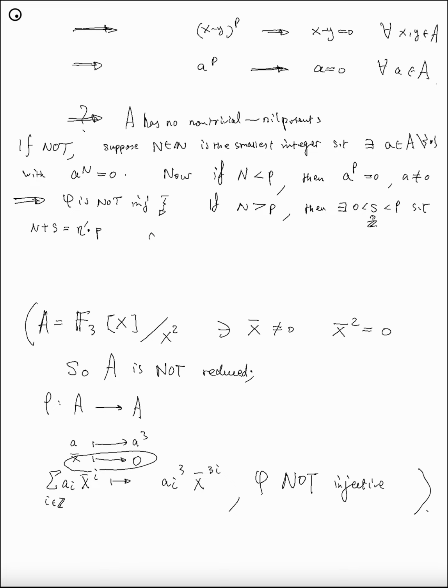And now again a to the power n plus s is 0, and this is also a to the power n prime, and then p equals 0. Obviously this n prime is smaller than n.